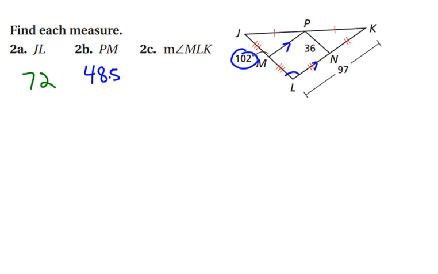I know you guys love corresponding angles, or at least the word corresponding, right, Ben? So 102 has to be in both of those spots. Therefore, the measure of angle MLK is 102 degrees.